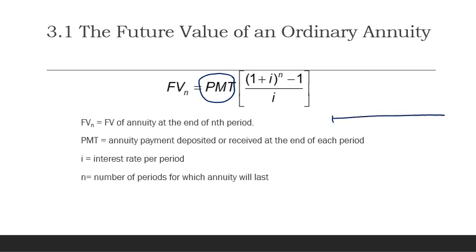In the case of, say, this timeline, an ordinary annuity of 3,000, this 3,000 is the payment. For I and N, it is similar to the simple present value and future value.